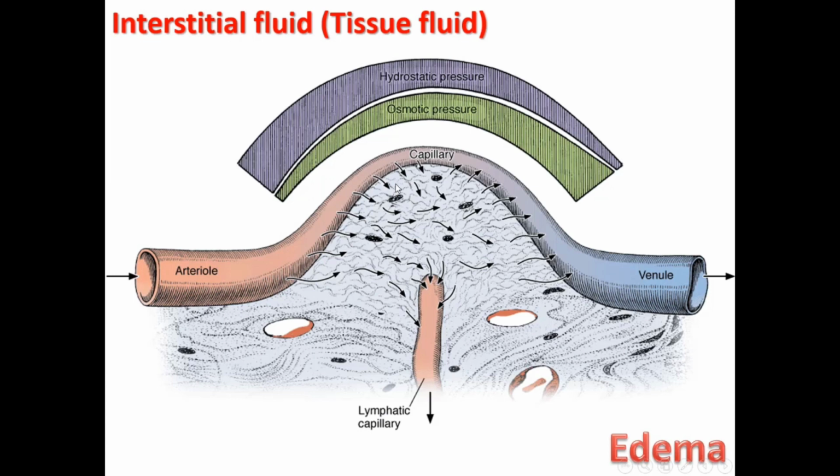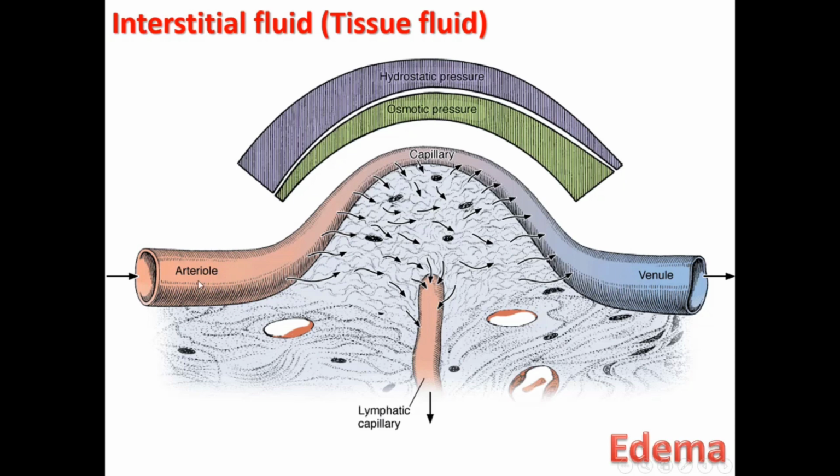And the last part of the ground substance is the water inside of the ground substance, called interstitial fluid or tissue fluid. This fluid comes from the blood plasma. You can see an arteriole here.